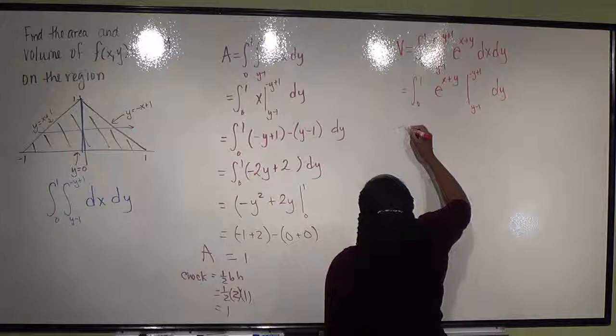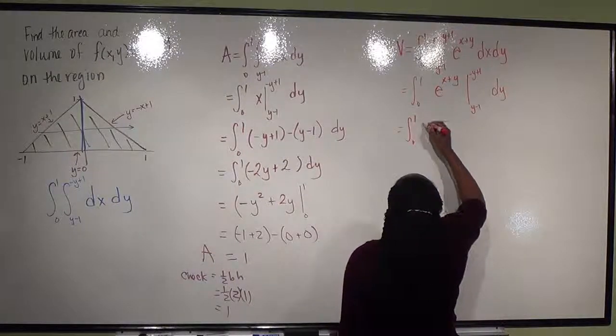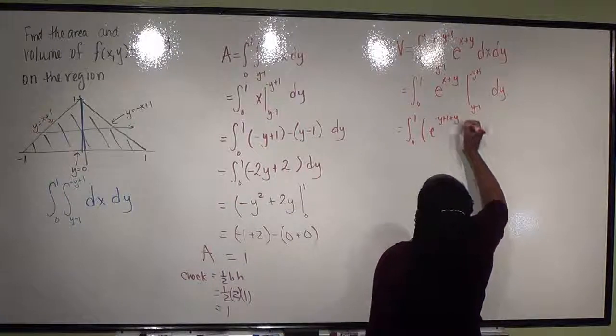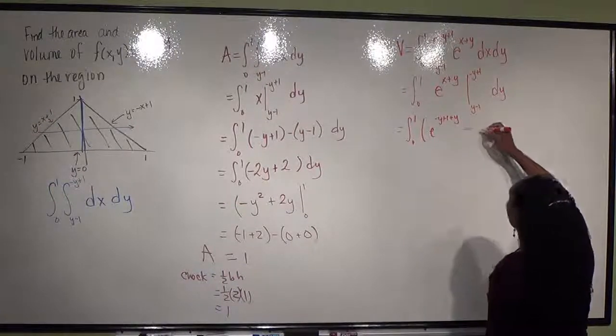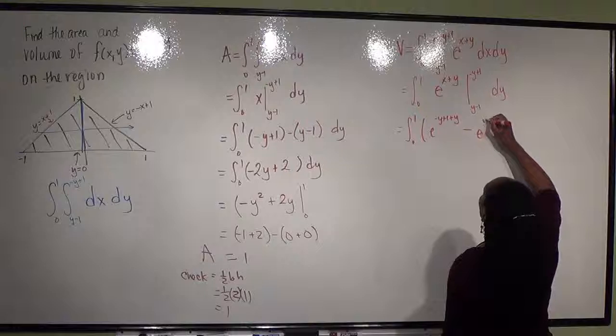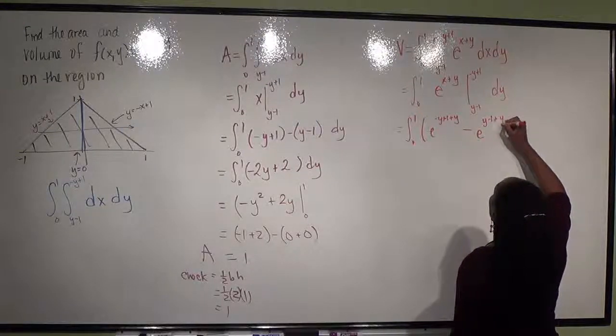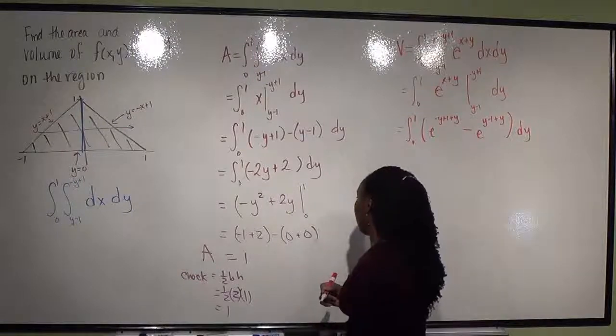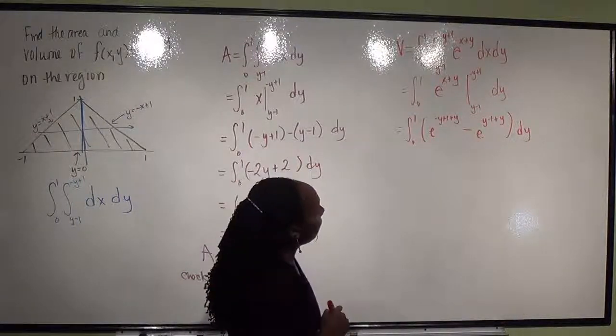So plugging in at our upper limit, we're going to get an e to the minus y plus 1 plus y, minus, at the lower limit, e to the y minus 1 plus y. So remember, you're plugging in for x there. Okay. Again, we can simplify.